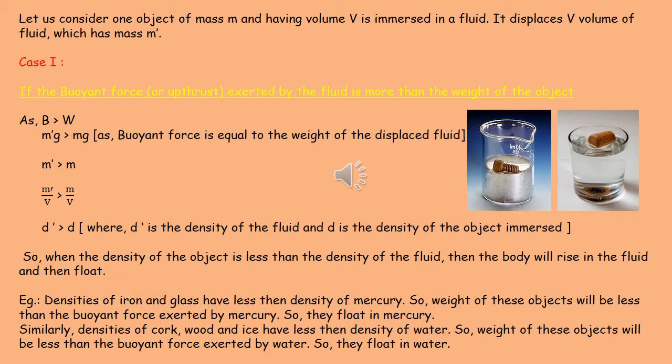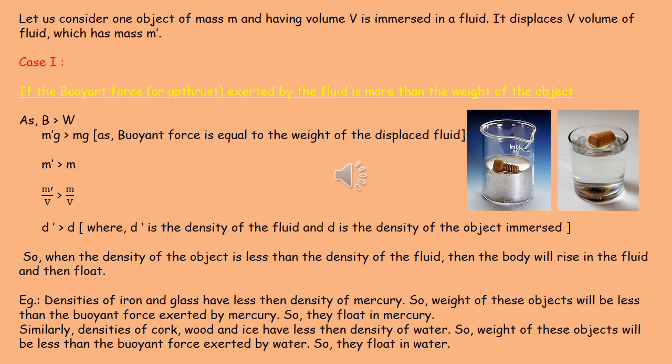Now we are dividing both sides of the equation by capital V because both the immersed body and the displaced fluid have the same volume. Dividing both sides by V, m by V gives us the density. Mass by volume is equal to density. So d dash is equal to d.